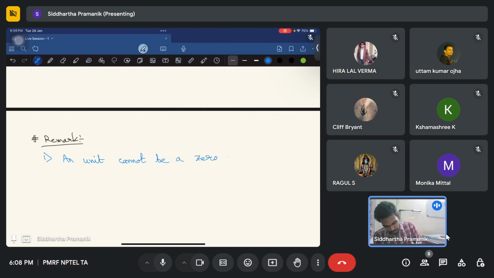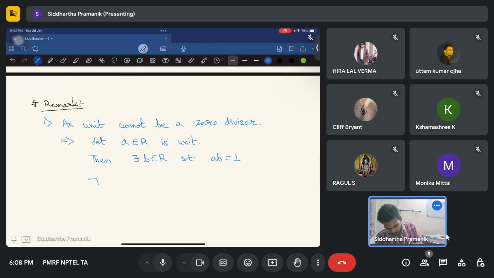Let's see why this is the case. Let A belonging to R be a unit, a unit in the ring R. That means there exists another element B in R such that their product is 1, right?